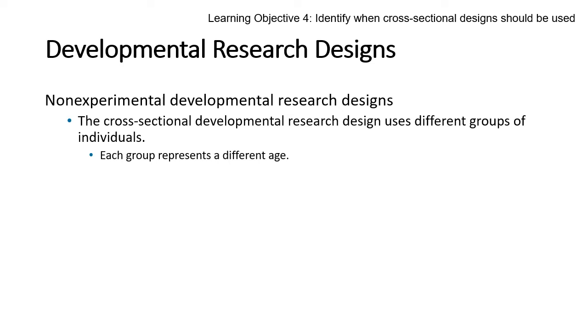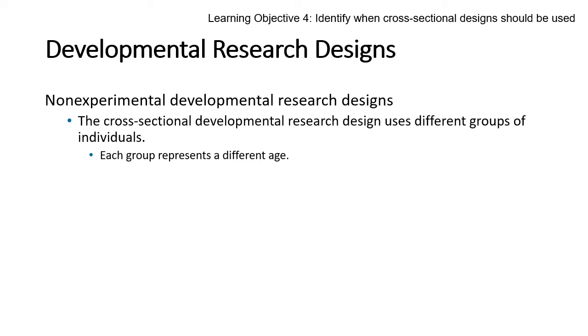This might not seem like an issue, but let's say we were looking at age as our thing for cross-sectional. So we are looking at 20-year-olds, 30-year-olds, and 40-year-olds, and we want to see if there's a difference in internet behavior in 20-year-olds, 30-year-olds, and 40-year-olds.